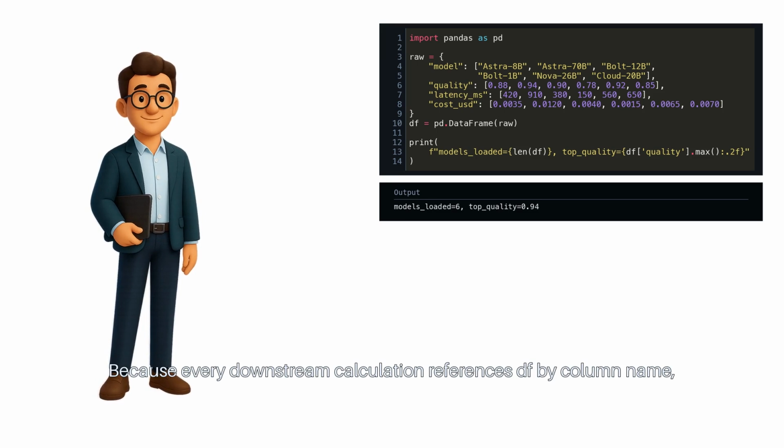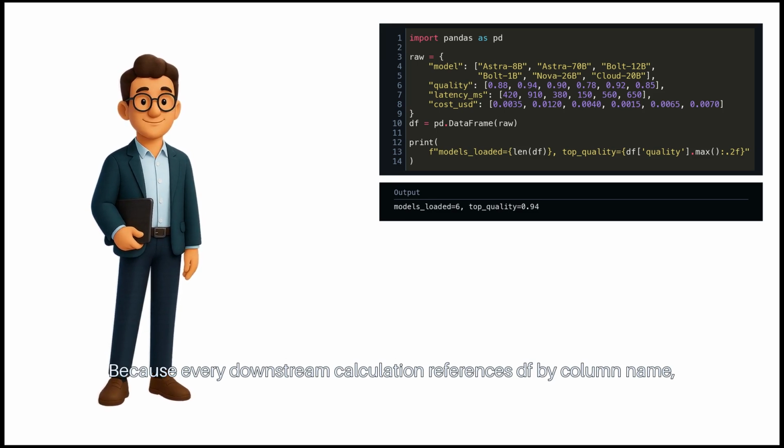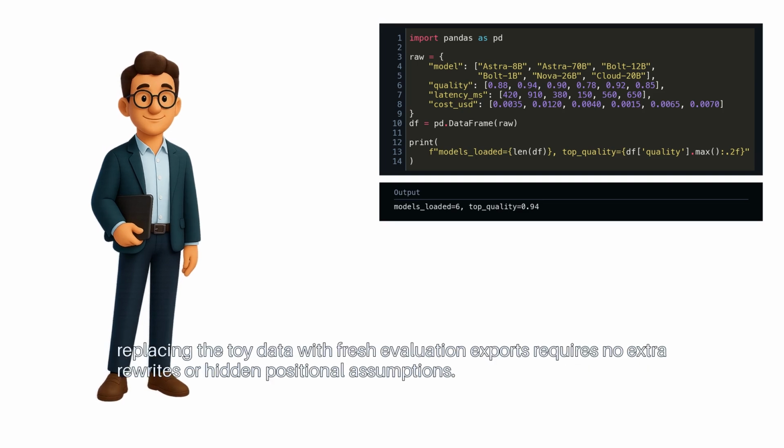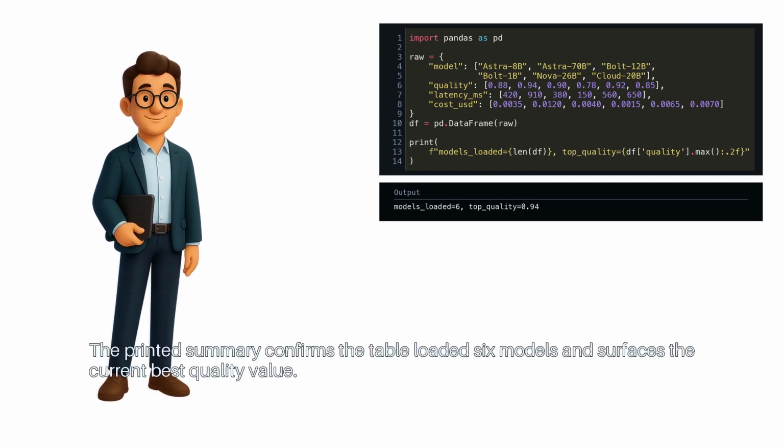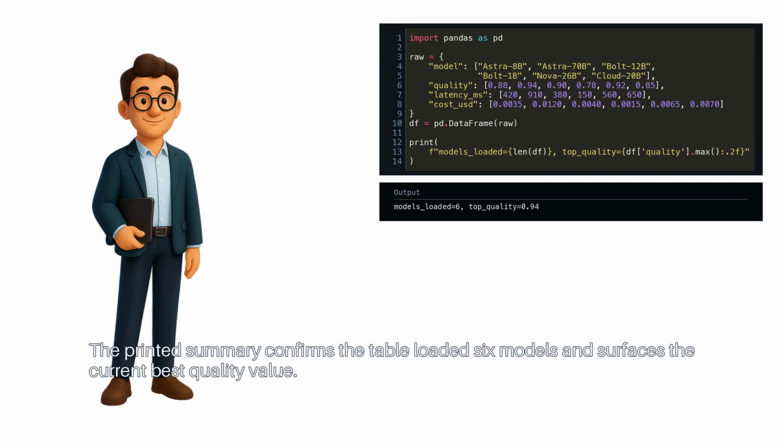Because every downstream calculation references df by column name, replacing the toy data with fresh evaluation exports requires no extra rewrites or hidden positional assumptions. The printed summary confirms the table loaded 6 models and surfaces the current best quality value.